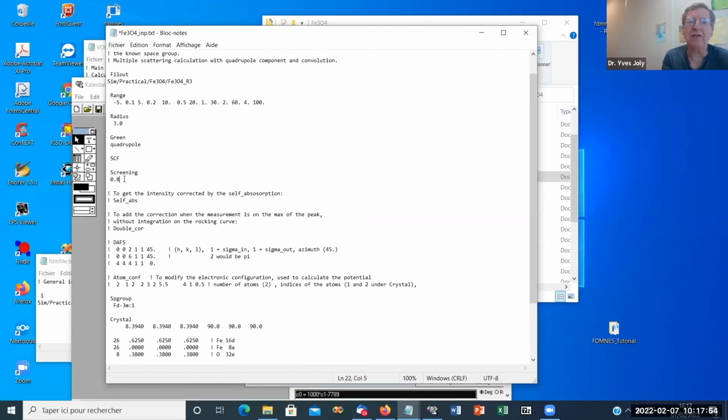This, in fact, gives a shift of the pre-edge, the keyword screening, especially of the quadrupolar pre-edge. And you can also have SCF-EXC with screening 0. Sometimes I do that. Okay. These cases are always a bit difficult.